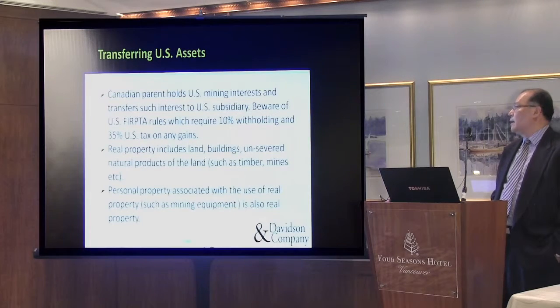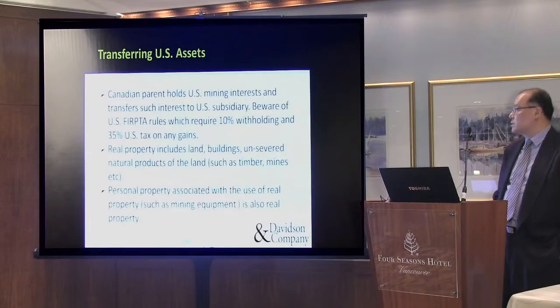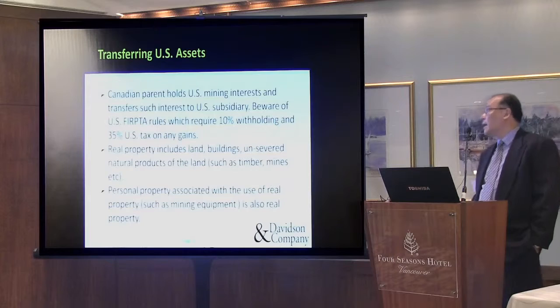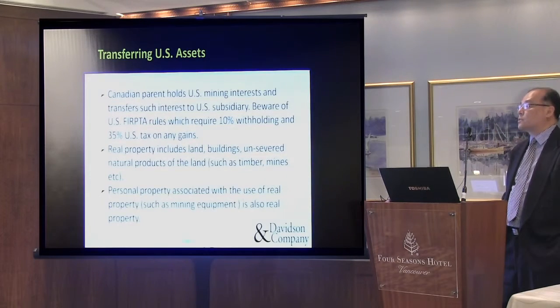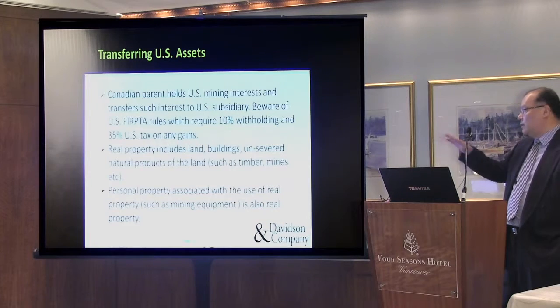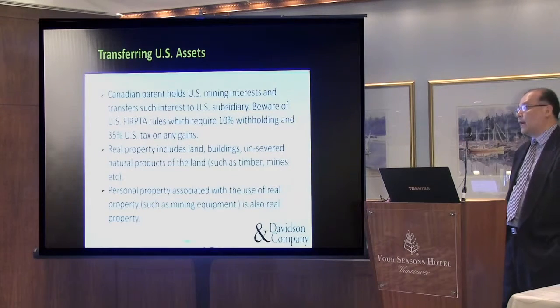FIRPTA is the U.S. shorthand for their rules that pertain to U.S. real property interest in the U.S. And whenever a foreign person disposes/transfers a U.S. RPI or a U.S. real property interest, there is a 10% withholding tax on the gross proceeds on the sale/transfer under 1445, and then there's also a 35% net tax on the gain. Of course, that 10% is going to be a credit on the tax, but there is withholding tax on the transfer.